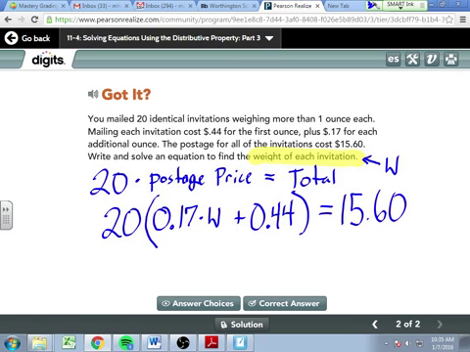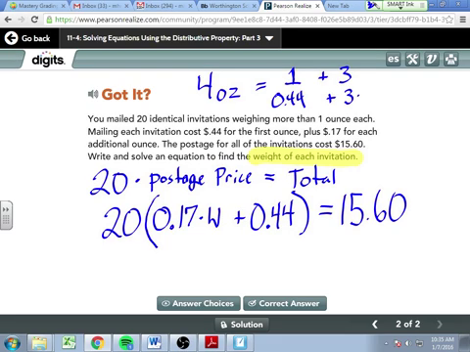Wouldn't that be inside the parentheses though, because then it would be multiplied by the 20? It's got to be multiplied by the 20. Think about it like this: if your invite weighs 4 ounces, that breaks down into the first 1 ounce and the additional 3 ounces. So the first ounce is 44 cents.